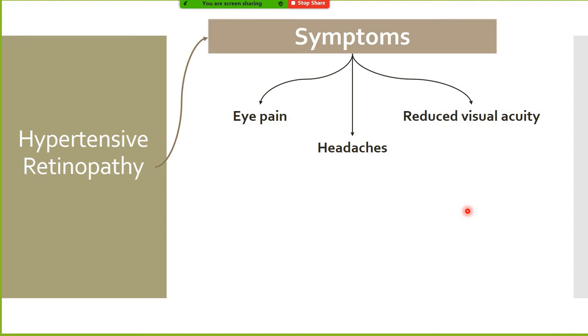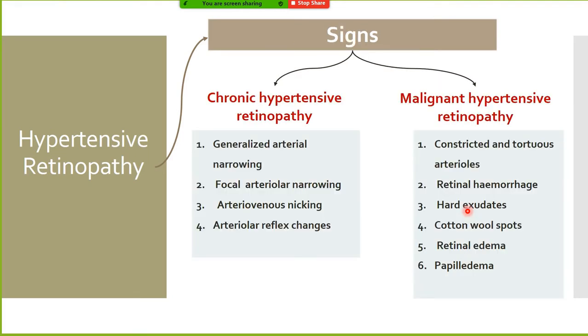The symptoms are eye pain, headache and reduced visual acuity, and these are the major symptoms a patient presents with when they have malignant hypertensive retinopathy.